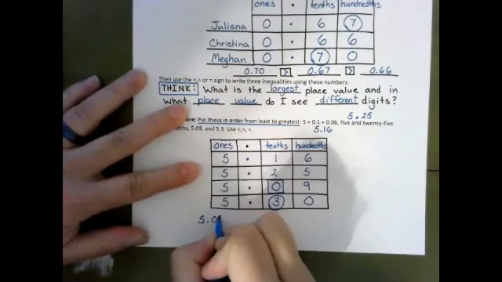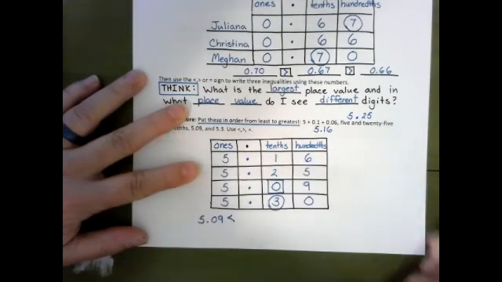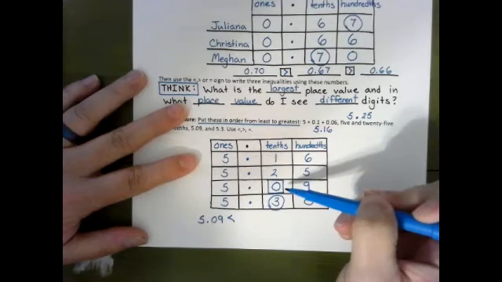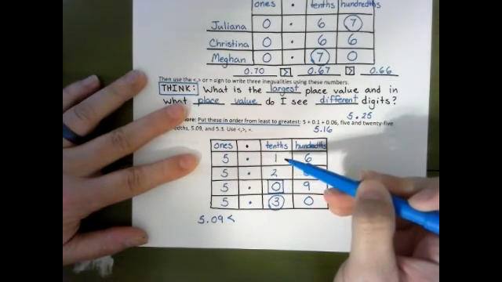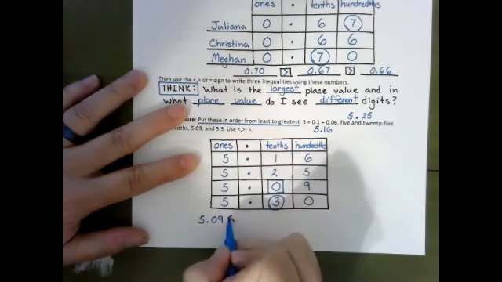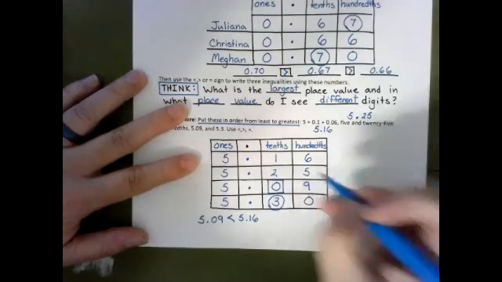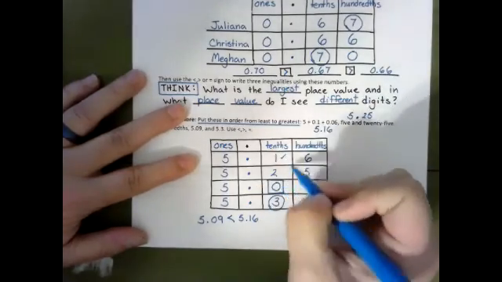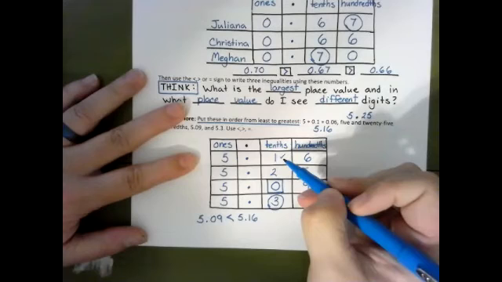5 and 9 hundredths is less than. What's the next highest value in the tenths place? There it is. So 5 and 9 hundredths is less than 5 and 16 hundredths because the 1 is more than the 0. What's the next highest?